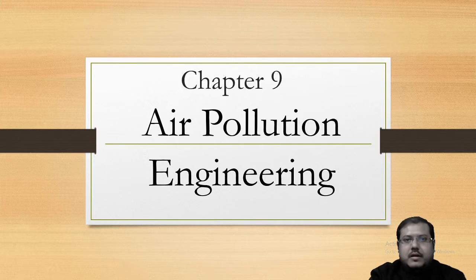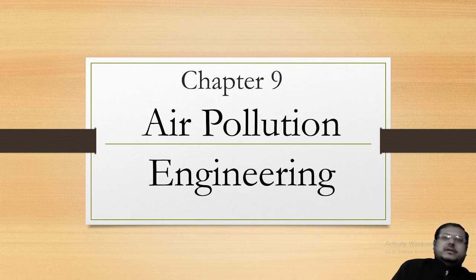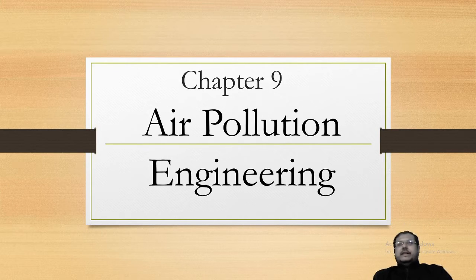So in this 18th lecture, we are entering chapter 9, that is air pollution engineering. We started in the last class with the non-water segment of this environmental engineering part. We have already finished the domestic water supply engineering segment, except the distribution system, which we will deal with next class.